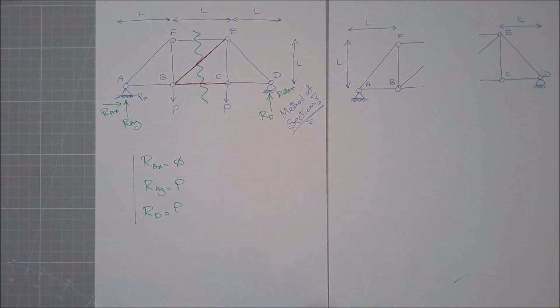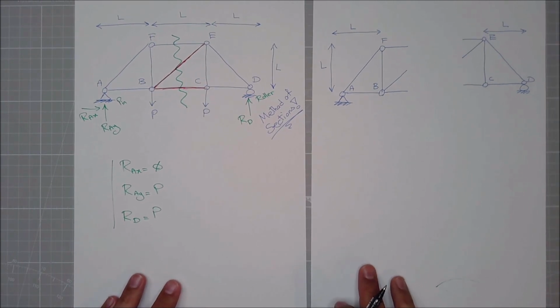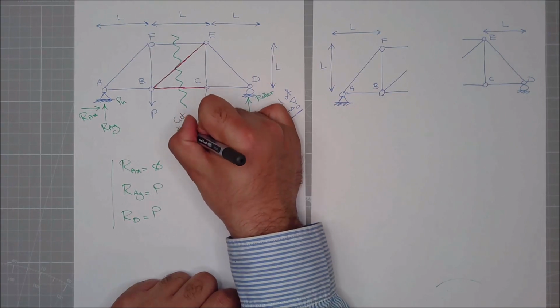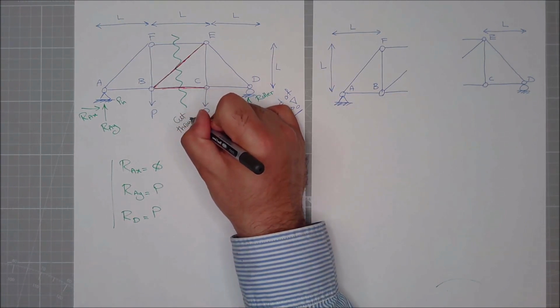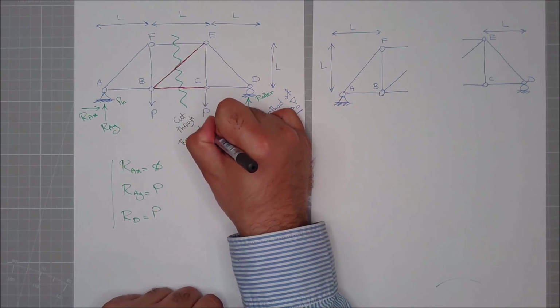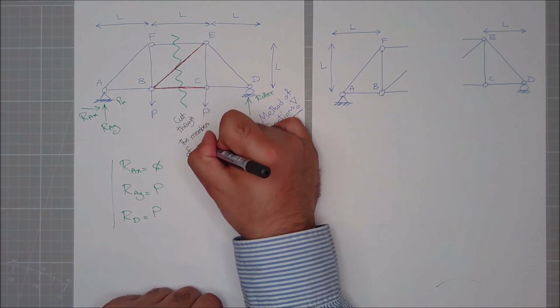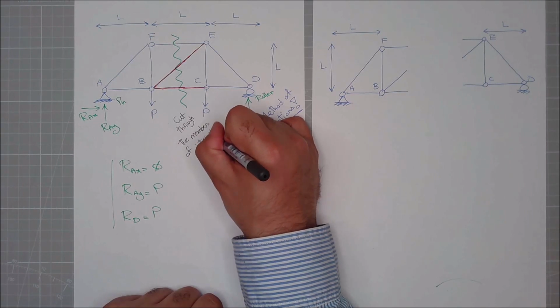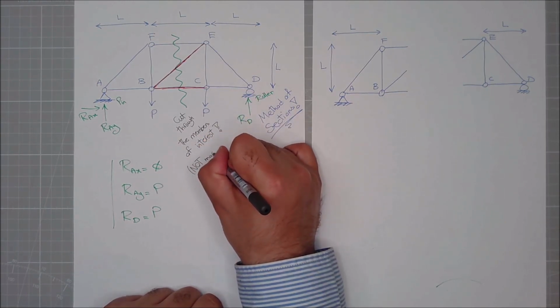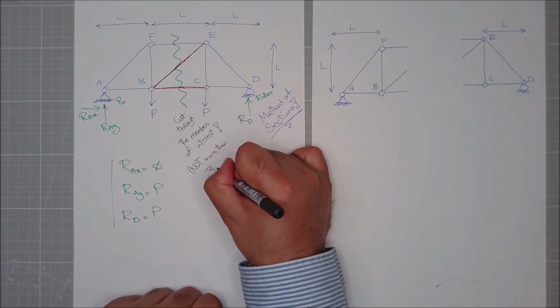So I have used the method of sections to cut through the members of interest, but not more than 3 members.